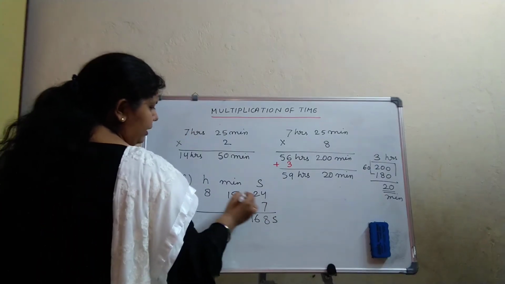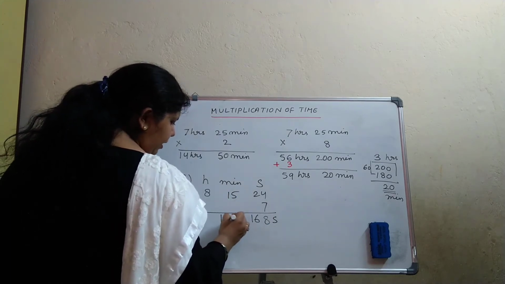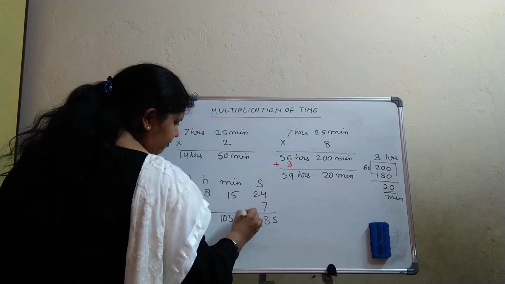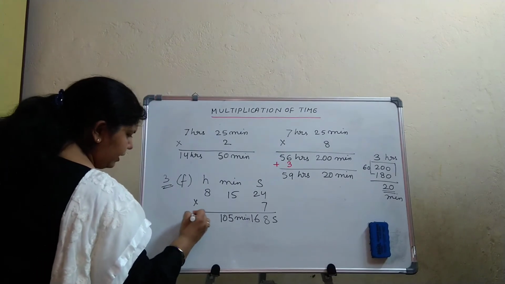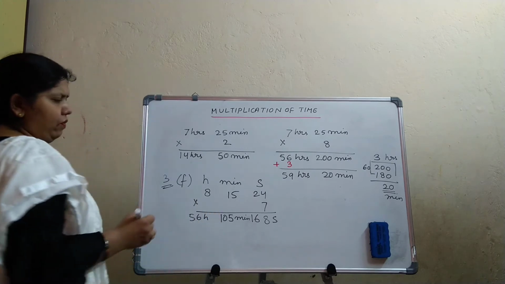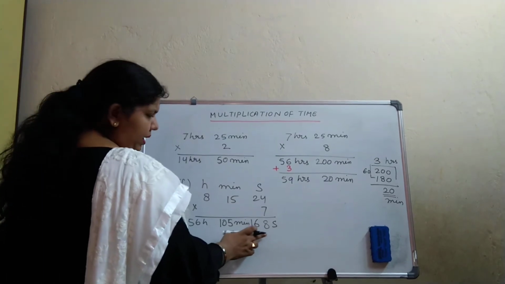Now we will multiply 7 with 15. What did we get? 15 7s are 105, children. So 105 minutes. 7 8s are how much? It is 56. 56 hours you have got. Now you see, 168 is a bigger number.